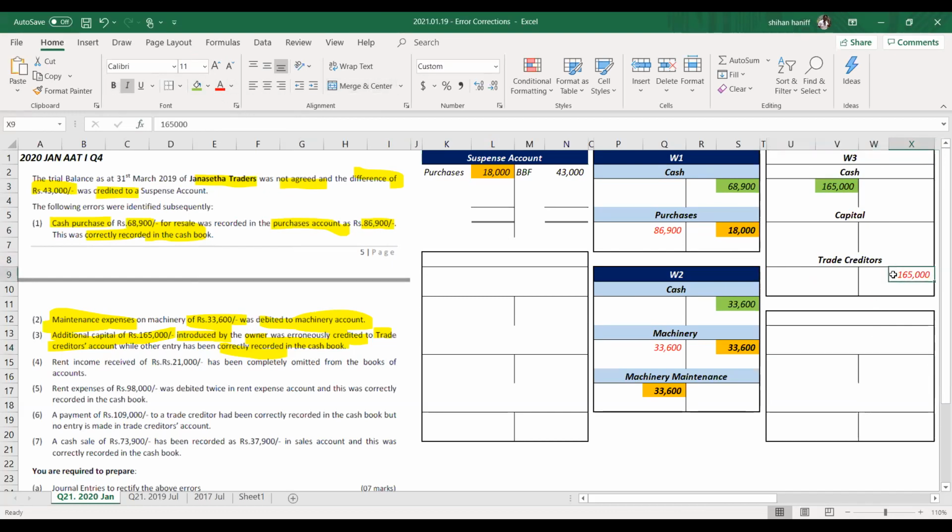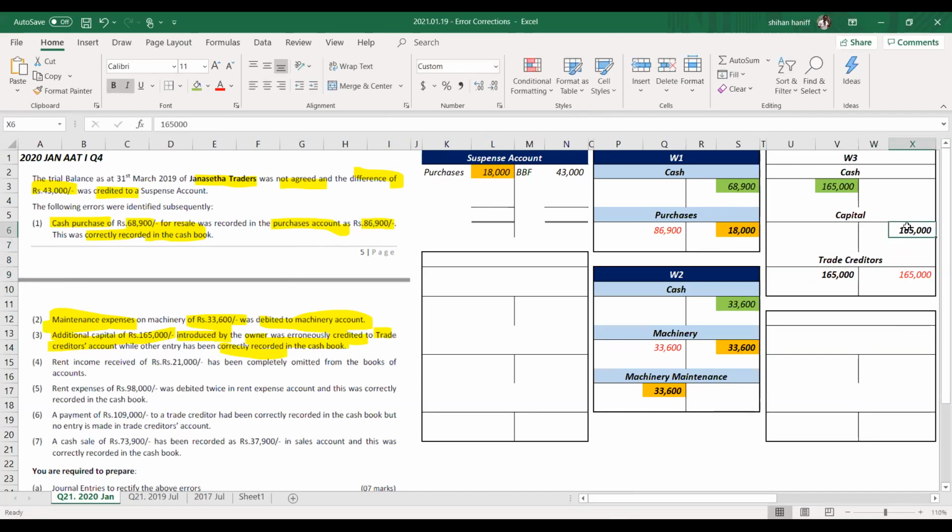How do you correct this? You have to debit, remove the trade creditors 165,000, and record it in the capital account, 165,000.